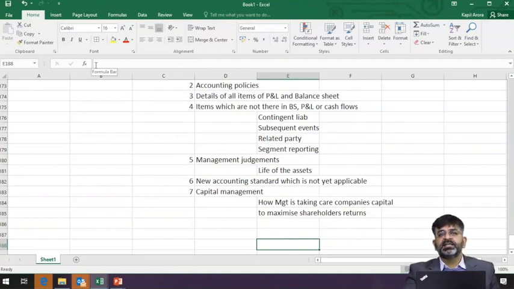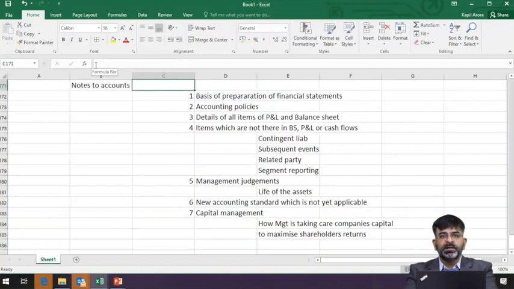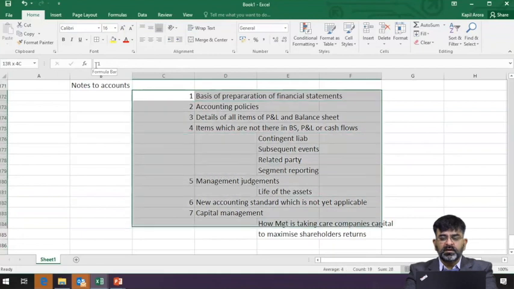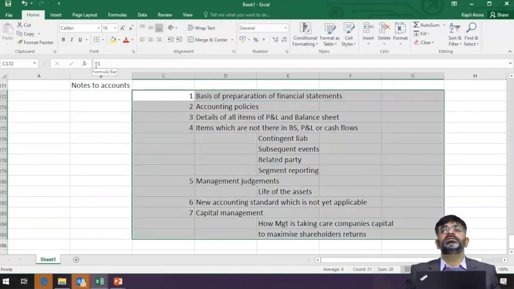And why IFRS has been introduced, or why IFRS is very, very popular, is because of all these. Every time you talk about IFRS, it talks about more and more disclosure. Whatever you have, you should disclose. If you keep on disclosing, it means you are presenting every item, and the financials are very, very transparent.